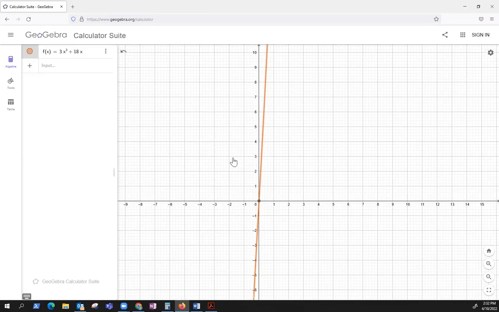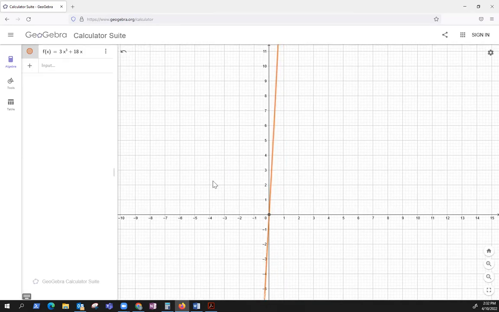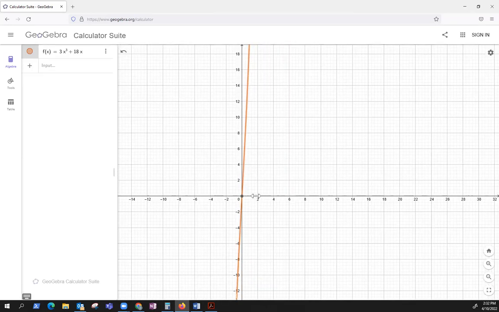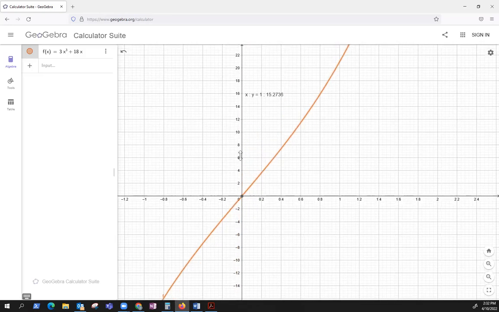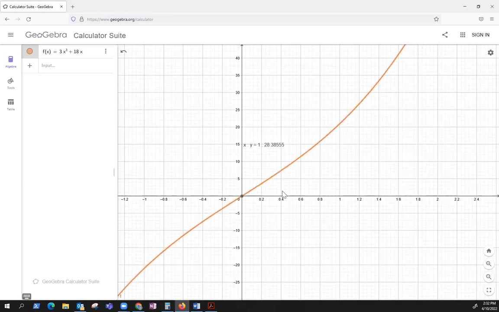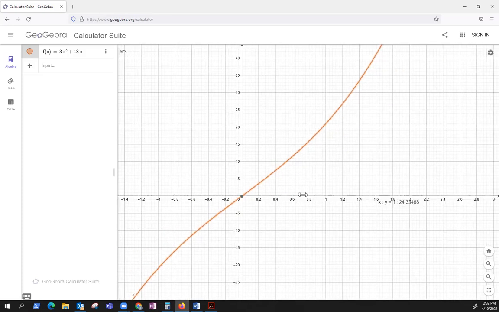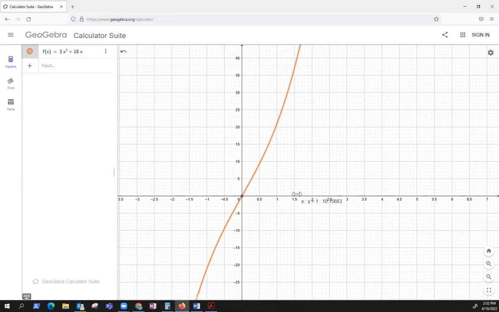This just looks like a line here. But if I zoom out and stretch this down, we can see that there is actually some curviness going on to this function, okay? 3x cubed plus 18x. I'm also going to graph x cubed.